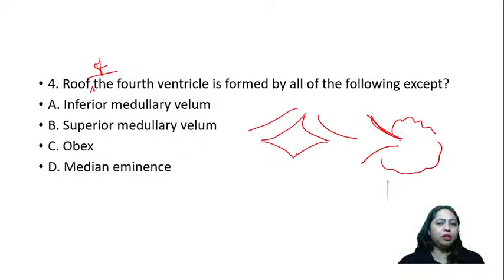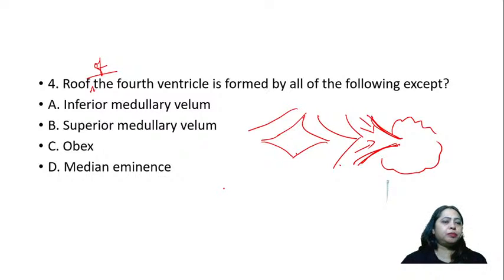This is superior, this is inferior. What is the answer? Fourth one. The roof is formed by which one? Median eminence, obex. This is the superior medullary velum. This is the inferior medullary velum.